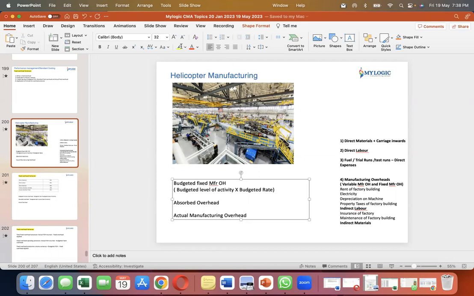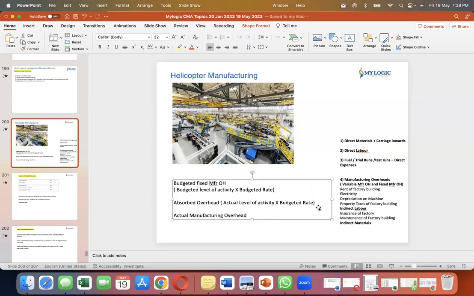Here we are not going to ascertain the actual at this moment. On 31st May, we cannot ascertain it because the expenditures are so wide and spread out, we cannot identify them. What we do is, we will consider the actual level of activity multiplied with the budgeted rate.